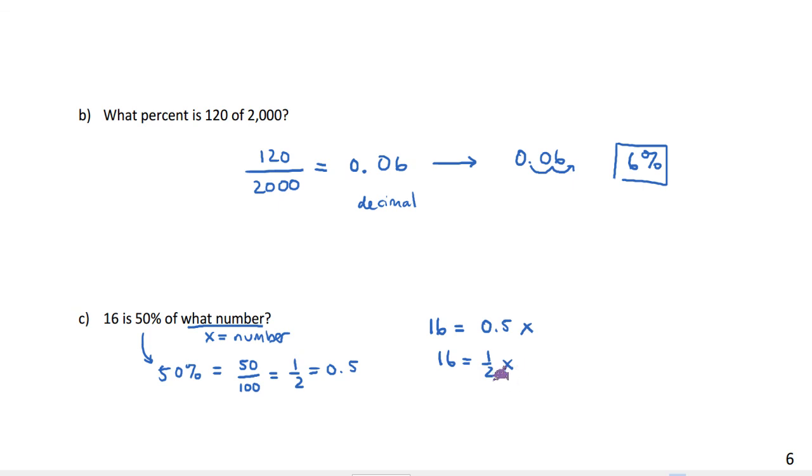Now if you want to figure out what x is, we could just multiply both sides of this equation by 2, and we'll have 32 equals x. You're thinking about this again: 16 is half of what number? That's another way you can read that. So that would be 32.